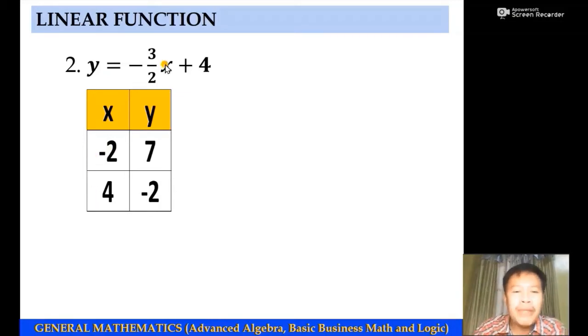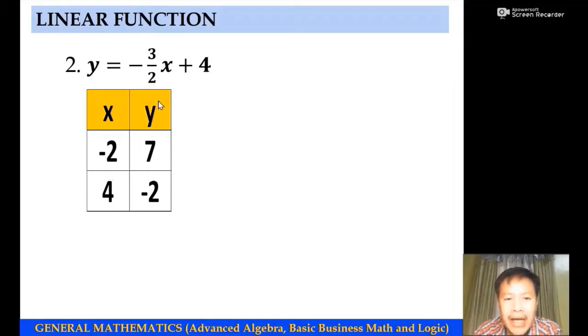Now, if your slope is a fraction, you are going to assign values of x which are divisible by 2 so that you do not arrive at a decimal number for the value of y, because if you have a point with coordinates having a decimal number or fraction, it's very hard to sketch the point with fractional coordinates or decimal numbers.